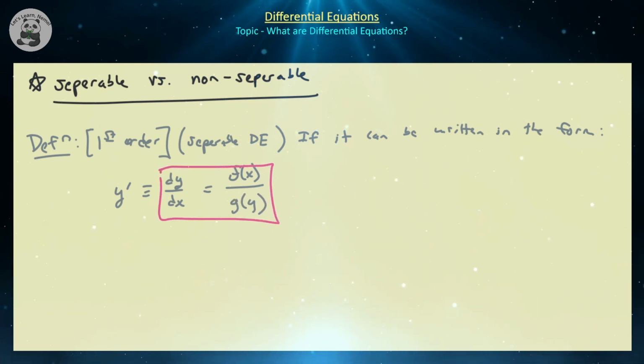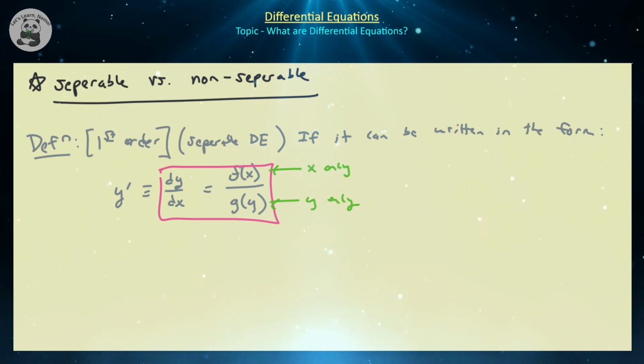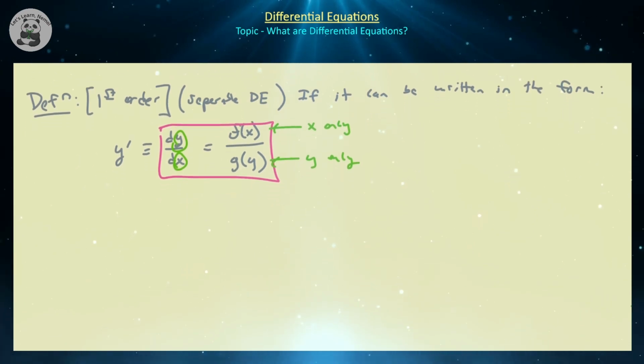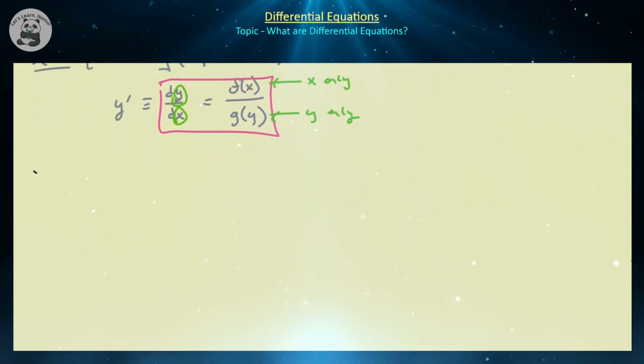So dy over dx is equal to f of x over g of y. So x only on top, y only on bottom, y differential on top, x differential on bottom. So they're on opposite sides of the fraction, I guess you could say. So if it can be written in this form, then we call that differential equation separable.